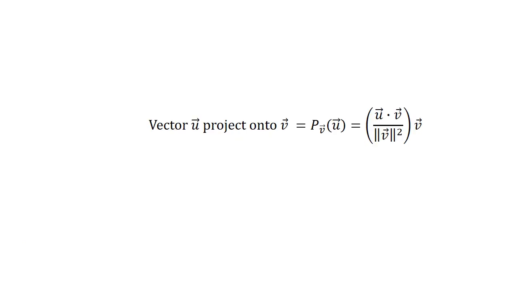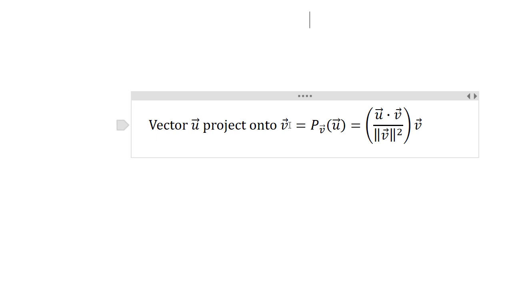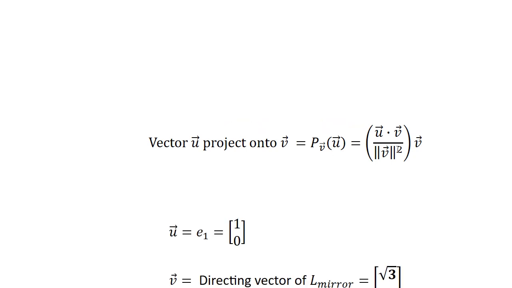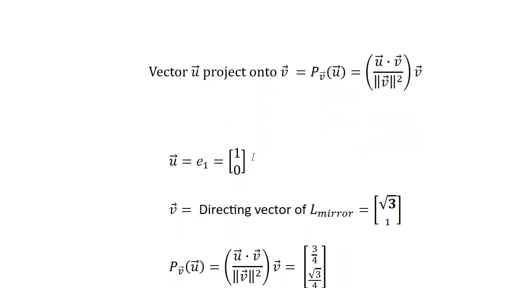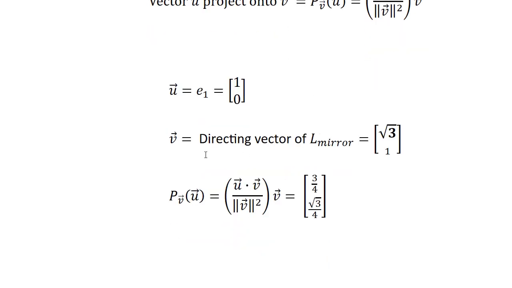What is a projection? Well, a projection is this. We're going to project a vector onto another vector, and we can use this formula right here to do that. So if we take this formula and we want to project E1 onto our mirror, then E1 would be U in this formula, and our mirror would be V. If we plugged in E1 and our mirror, the answer we would get would be 3 over 4 and the square root of 3 over 4.